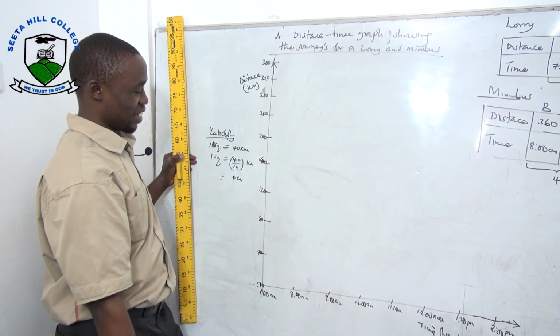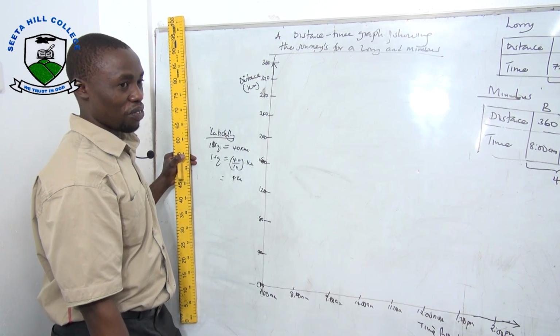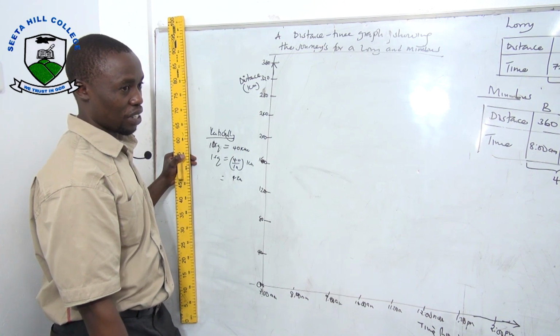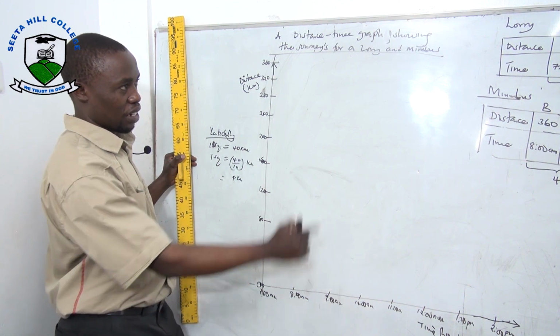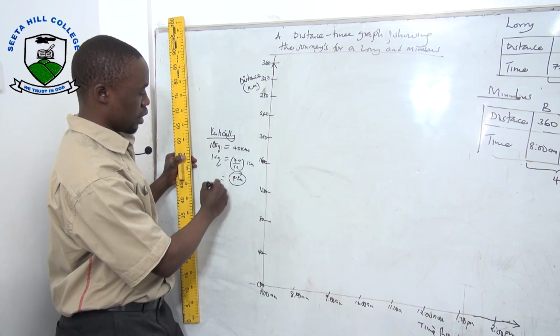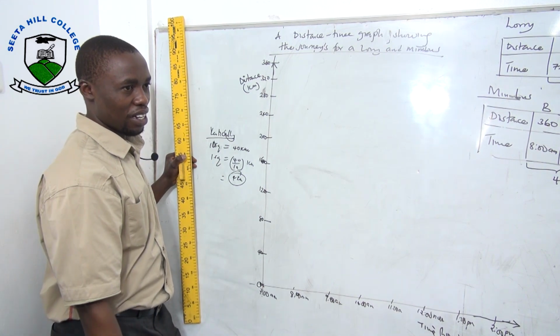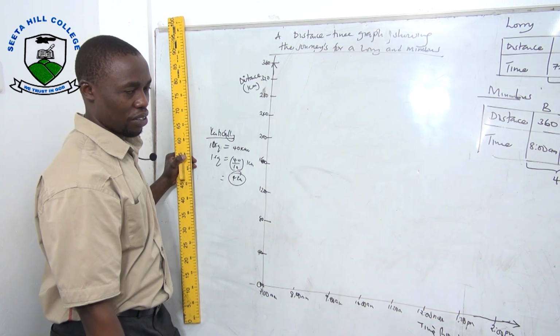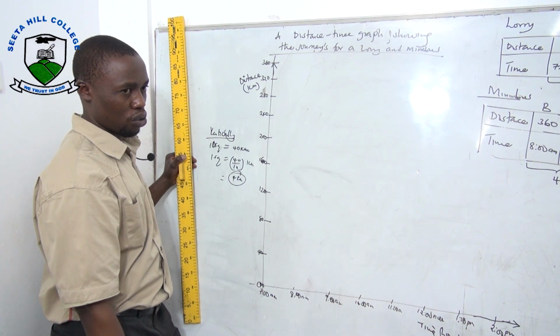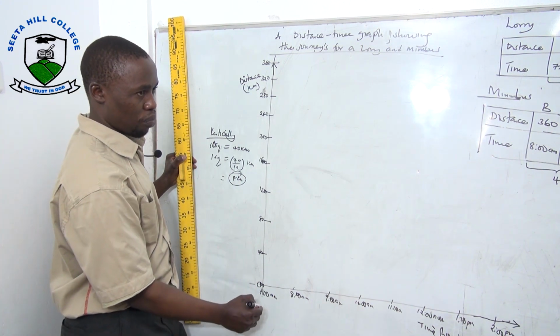Wait. Are you locating for us 50? Where shall we locate 50? Wait, after 3. Divide 50 by what? How many? What do you get? 50 divided by 4. 12.5.